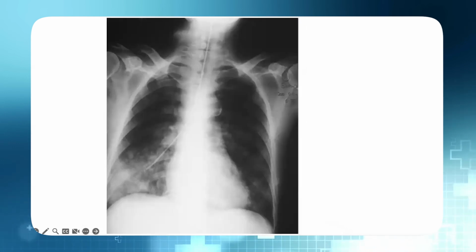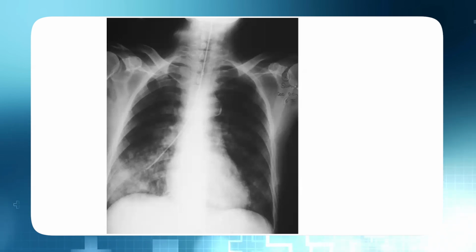Now, what is this image showing? Ryle's tube in the right lower zone. You will say consolidation.